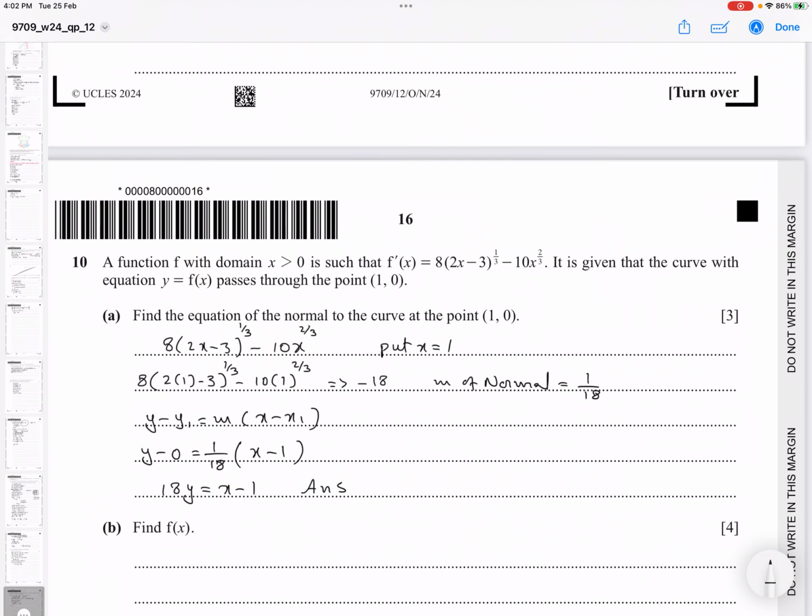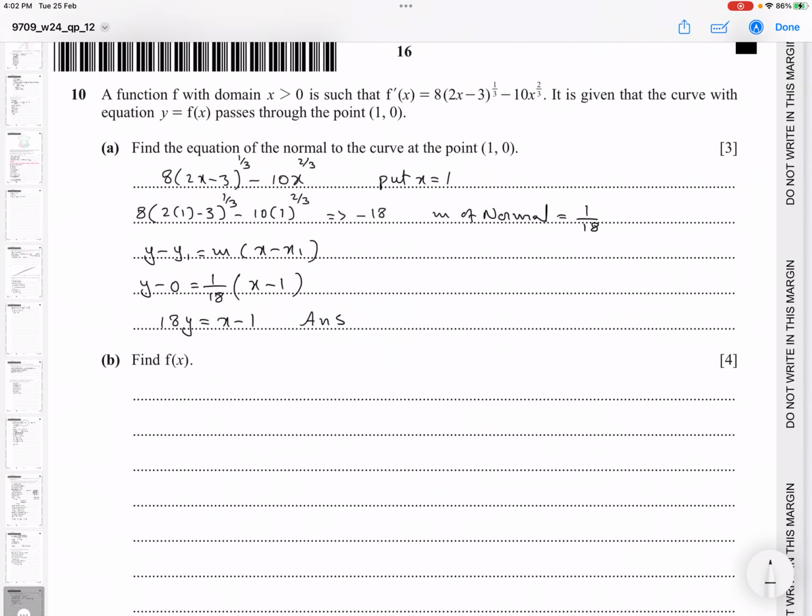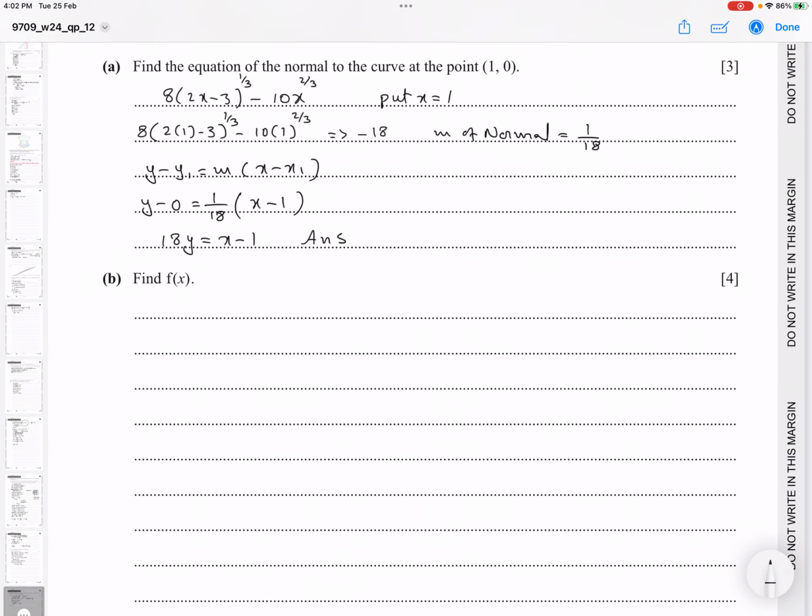Find f of x. So f prime x is given. For f of x we have to go back, so the reverse process is always integration. So f prime x equals 8(2x minus 3) power 1 by 3 minus 10x power 2 by 3.